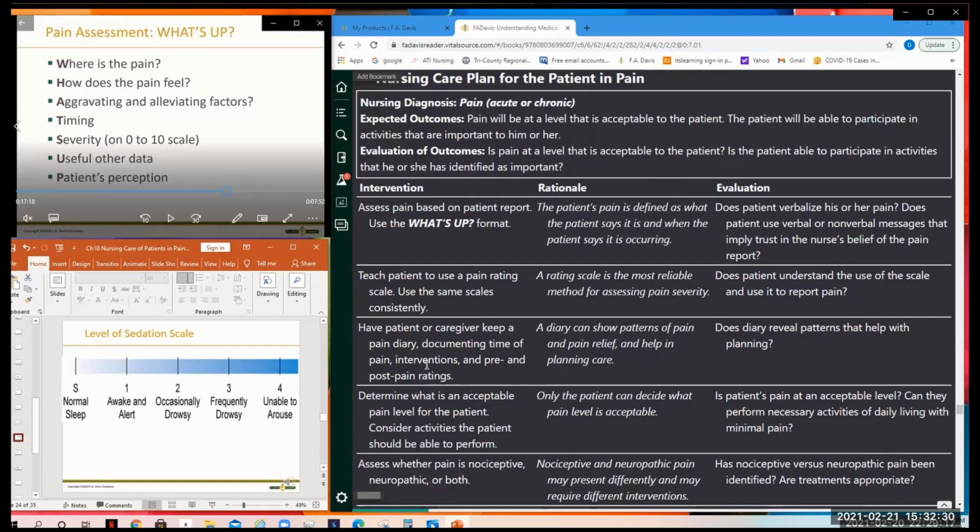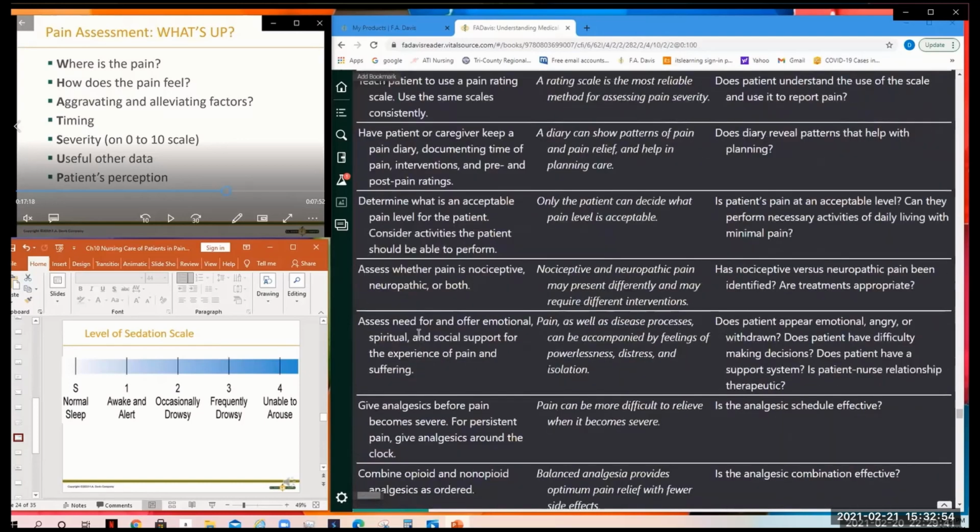Does the patient or caregiver keep a pain diary documenting time of pain, interventions, and pre and post pain ratings? A diary can show patterns of pain and pain relief and help in planning care. Does the diary reveal patterns that help with planning?